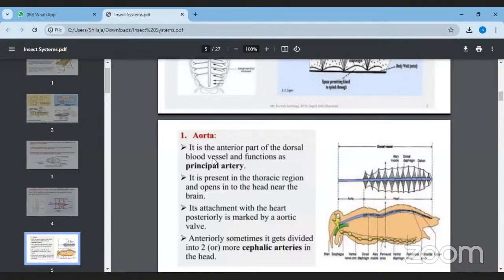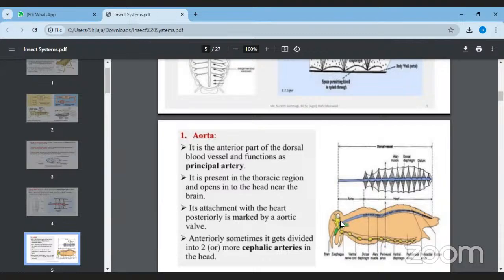And when we talk about the aorta, the principal anterior dorsal blood vessel, it is present in the thoracic region and opens into the head near the brain, and its attachment with the heart posteriorly is marked by the aortic valve.